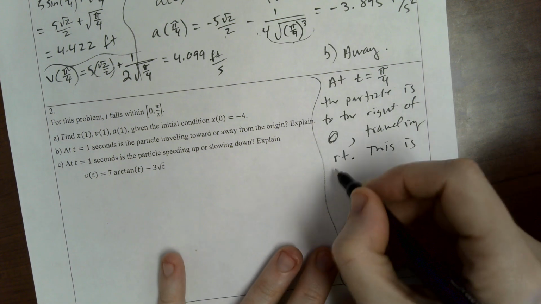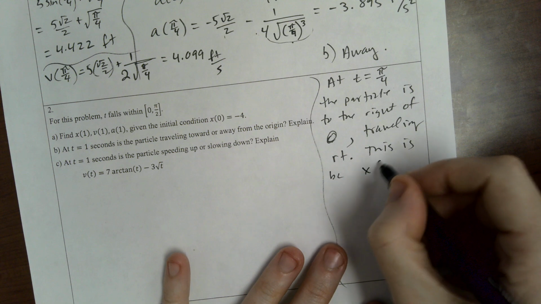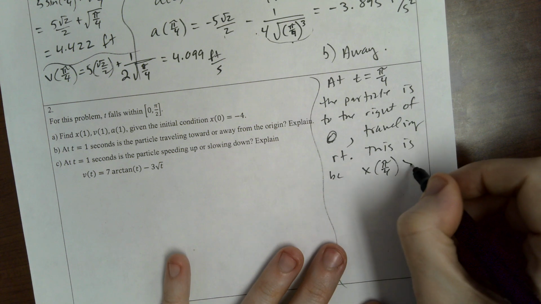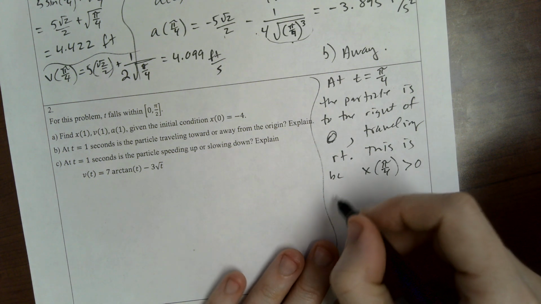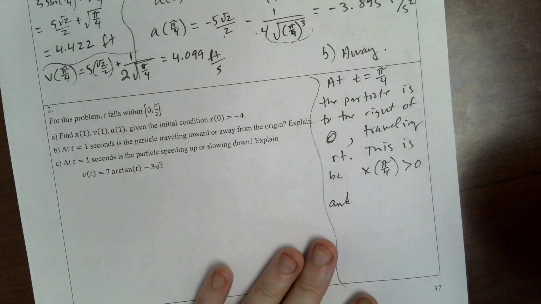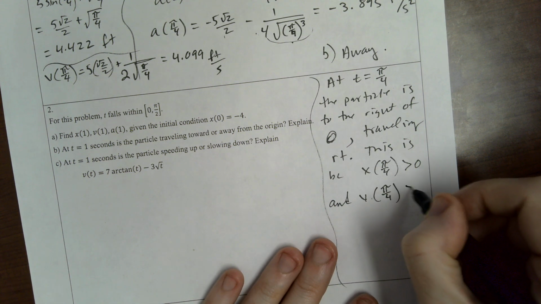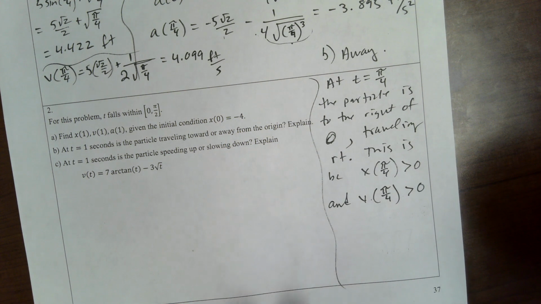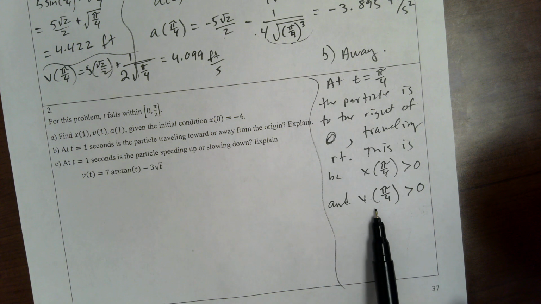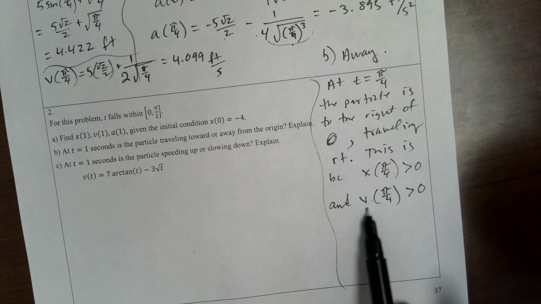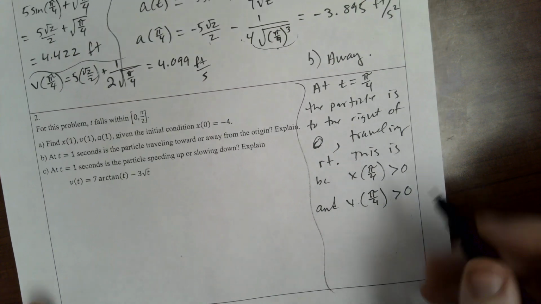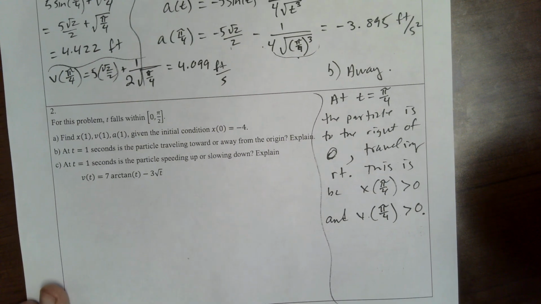This is because x of pi over 4 is greater than 0. So that means the particle is located to the right of 0, and v of pi over 4 is positive, which according to our physics table on page 31 indicates the particle's moving right. Okay, right of 0, moving right, traveling away. All right, that was part B.